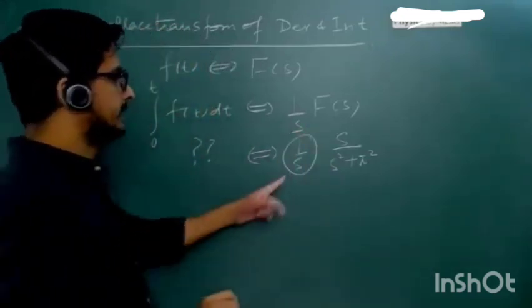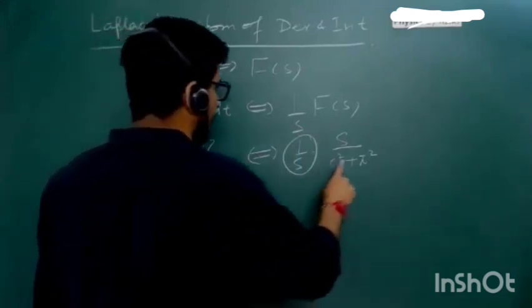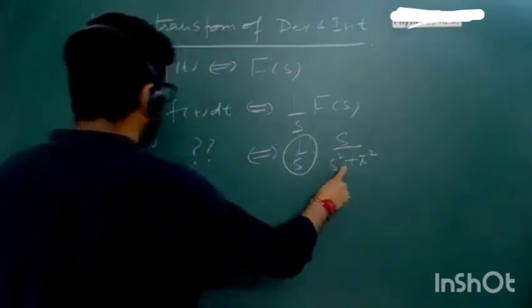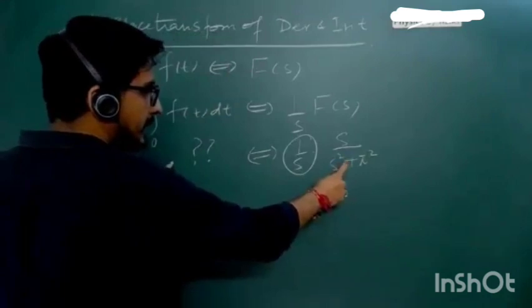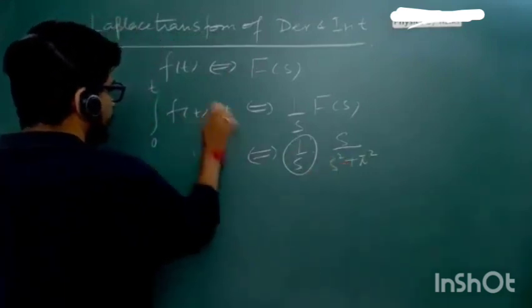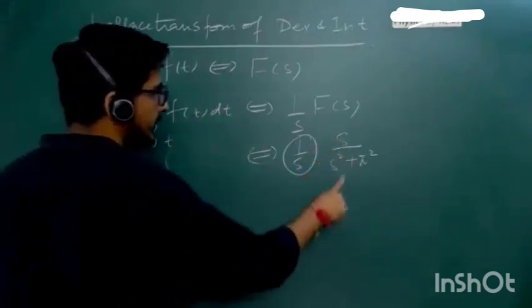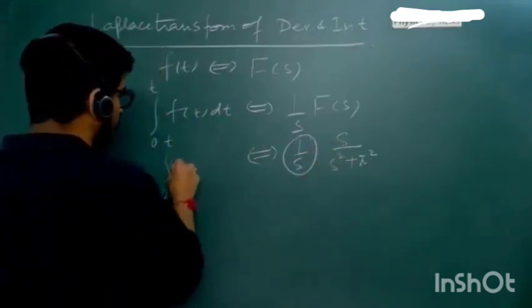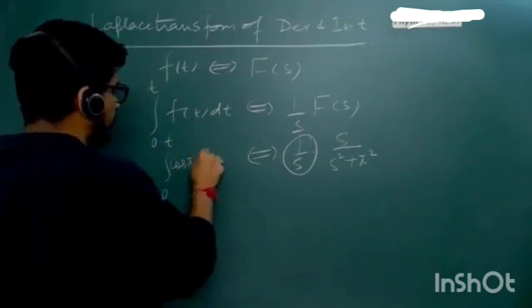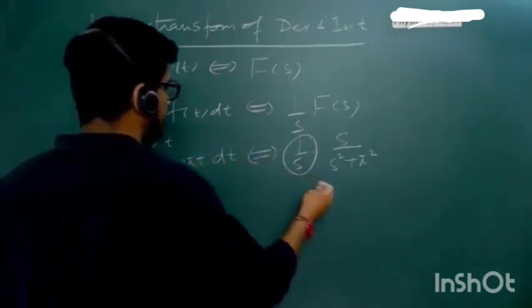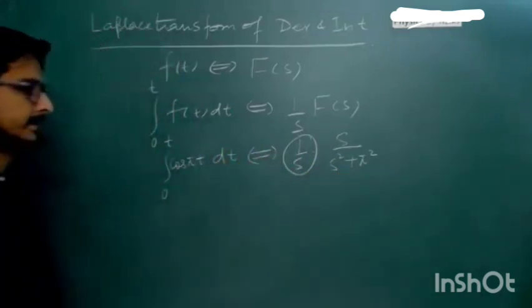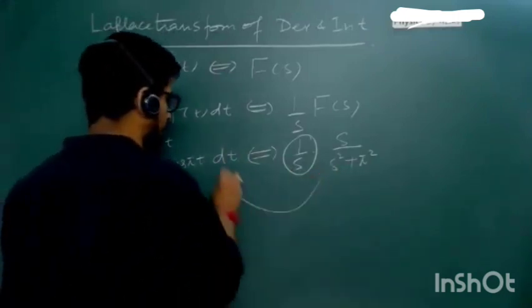So how will I write it? I will first write the inverse Laplace of this, which is f(t). So I will write it like this: integral from 0 to t, f(t) is cos of pi t, dt. So the inverse Laplace of this will be this. Please see this. This is very very important.